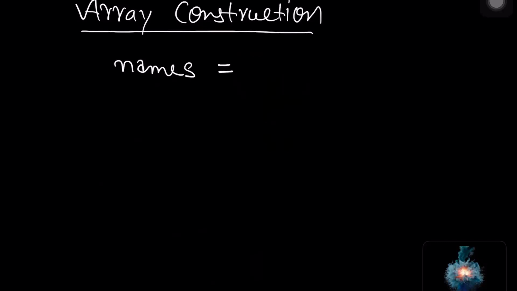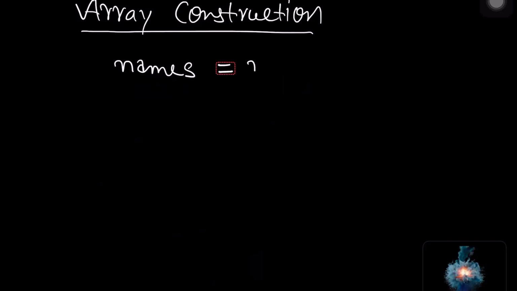You guys remember the new operator? You remember when I was teaching you to create an object for a class? So to create an array in Java, we use the new operator.